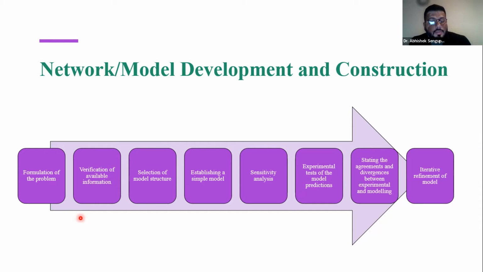Then establishing a simple model; a model can be built through mathematical formulation. Then sensitivity analysis for validation; mathematical simulation may be highly sensitive to parameter changes. That means in sensitivity analysis we change certain parameters and see how it affects the system, and whatever the effect in the system is needs to be validated or cross checked with the experimental data, right?